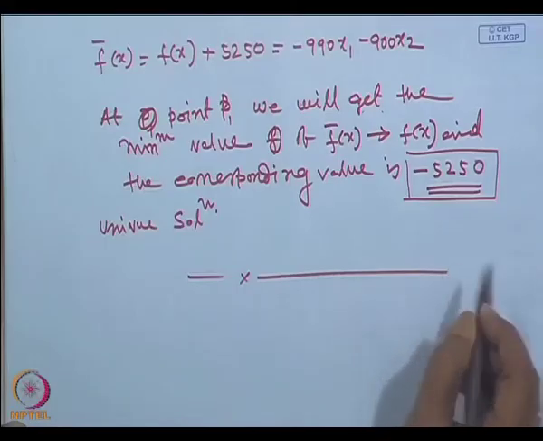So, if we recall all these things: first, if you are given a problem, convert it into a standard LP problem. Then once you convert it, find out its basic variables and non-basic variables, and find out the objective function value at the initial vertex.